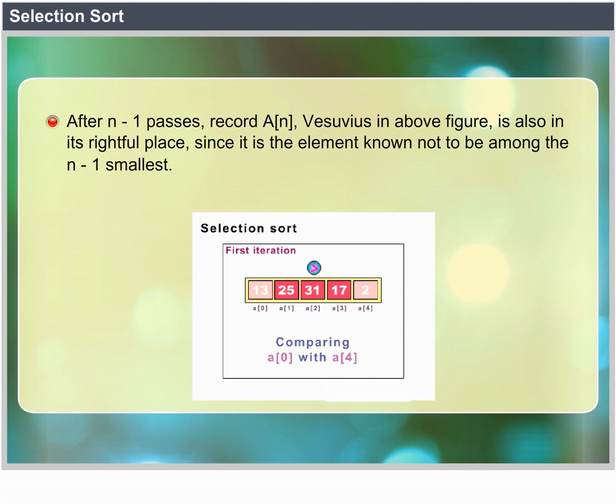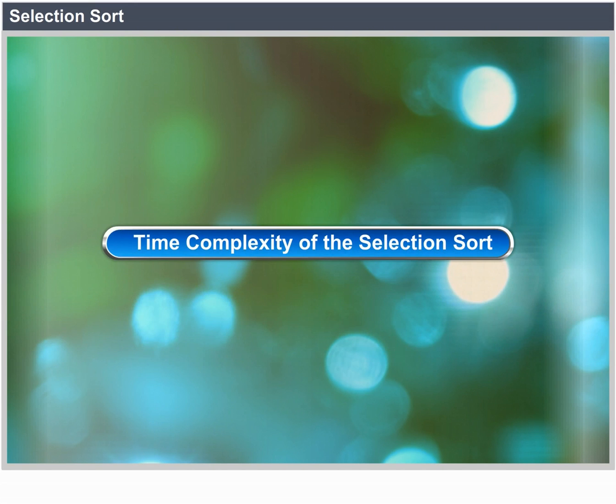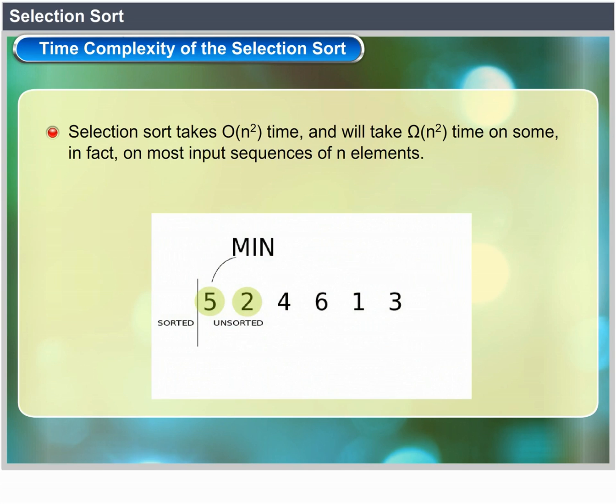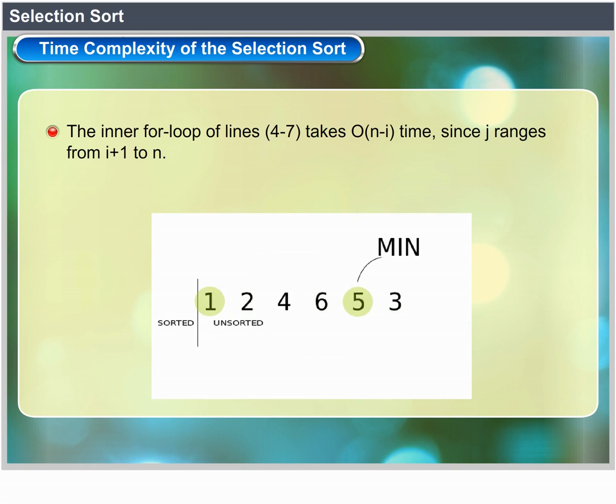Time complexity of the selection sort. Selection sort takes O(n²) time and will take Ω(n²) time on some, in fact on most, input sequences of n elements. The inner for loop of lines 4 to 7 takes O(n - i) time, since j ranges from i+1 to n.